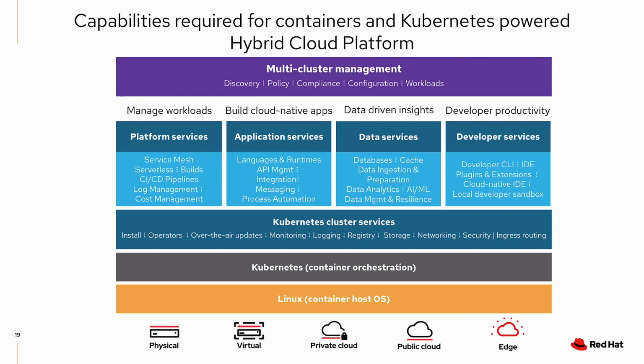The second layer on top is the Kubernetes layer that serves as the container orchestration. And on top of that, what you need to build out is a lot of cluster services, to automate the install of the solution, do the updates, the monitoring, the storage access, networking, security, and so on. So all these capabilities are needed.